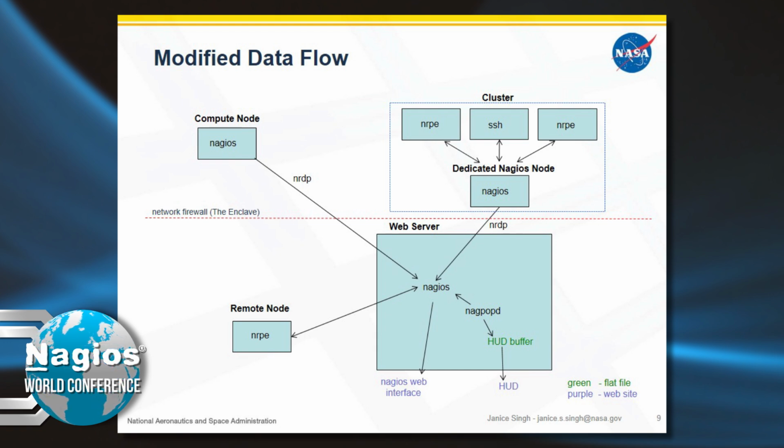One other thing: we don't use NSCA, but use NRDP instead. That runs over Apache and just writes straight to the same Nagios pipe file that Nagios writes to.